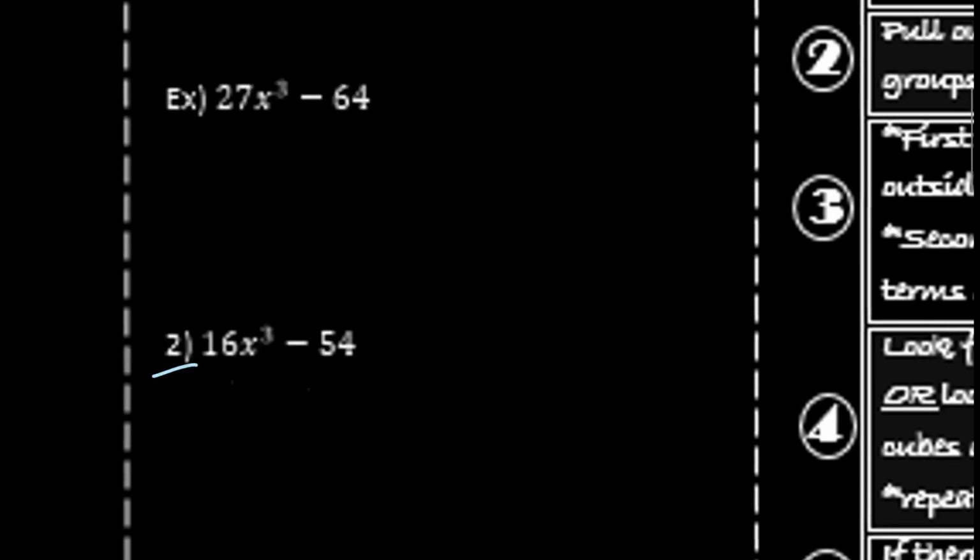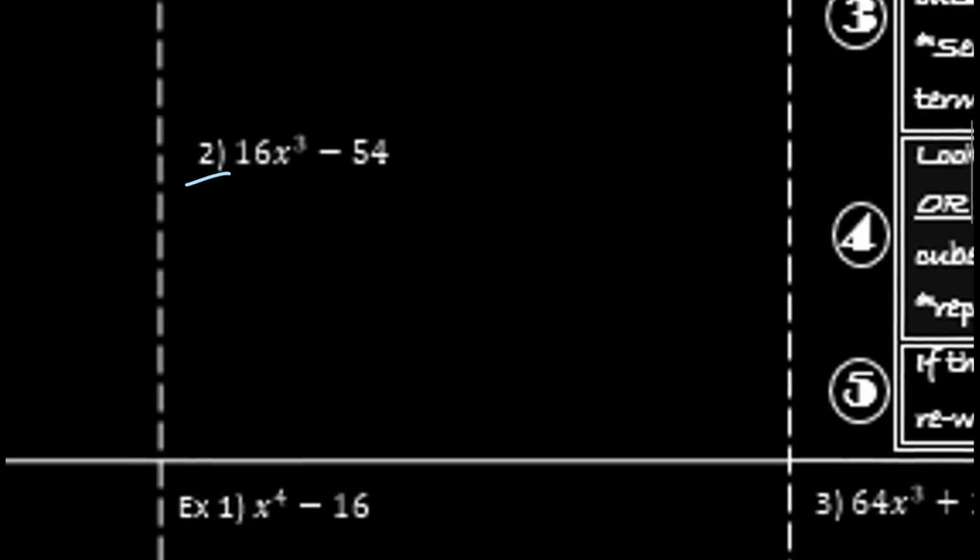What is it in number 2? 4, even though it looks like it does not go into 54. Lower. 2. 2 goes into 16 and 54. So I'm going to pull a 2 out.